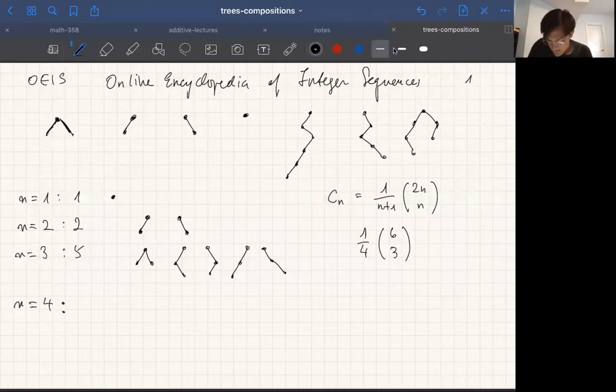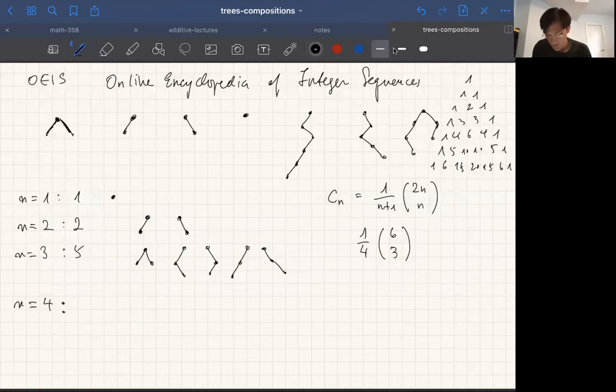I'm going to draw Pascal's triangle because I can't remember 6 choose 3. 1, 2, 1, 3, 3, 1, 4, 6, 4, 1, 1, 5, 10, 10, 5, 1, and then 1, 6, 15, 20, 15, 6, 1. So 6 choose 3 is the middle of this row.